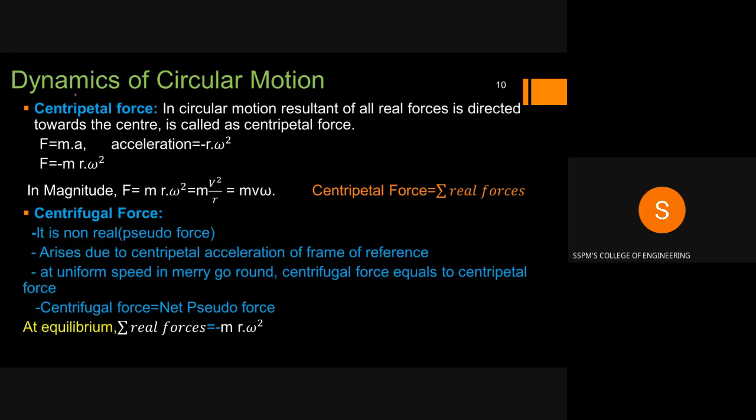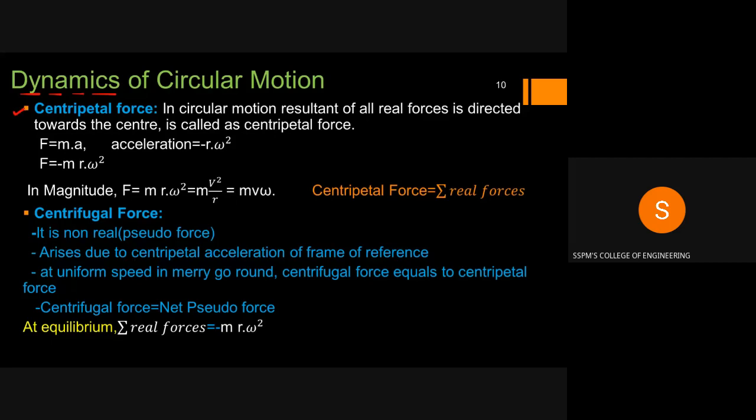Next is the dynamics of the circular motion. The meaning of dynamics is that we need to consider the force causing the motion along with the motion, that is the kinematic parameters. So in dynamics, we are going to deal with the forces which cause the motion.